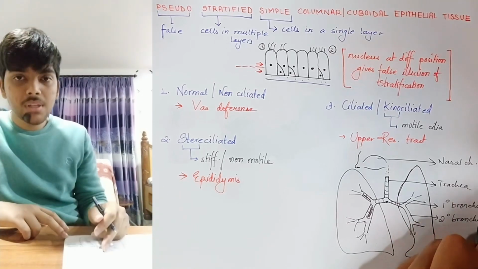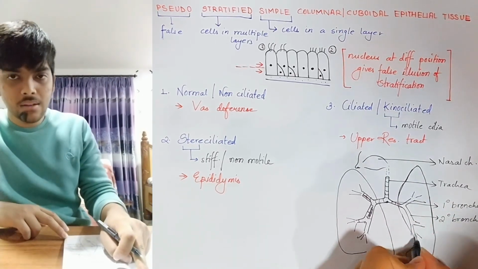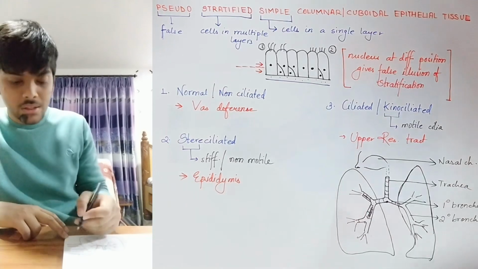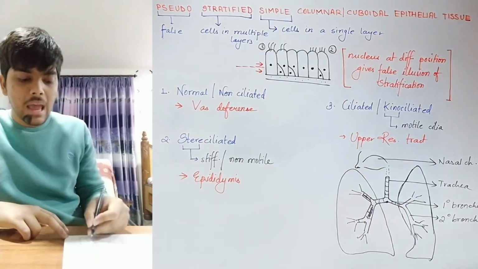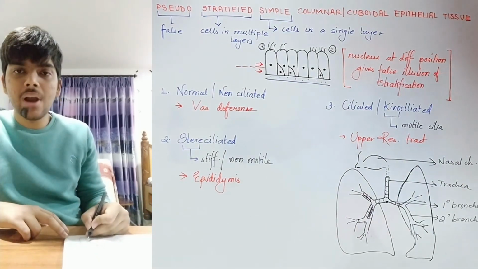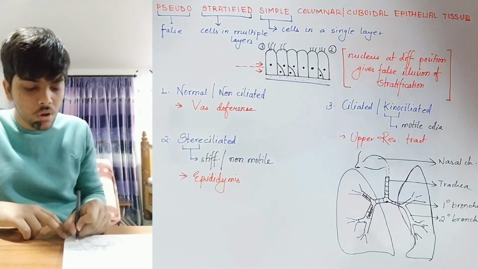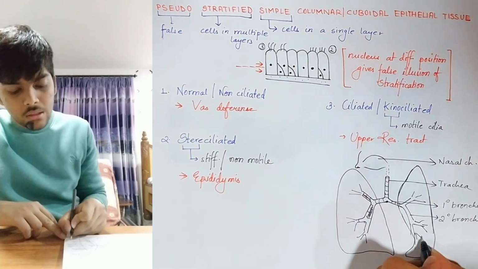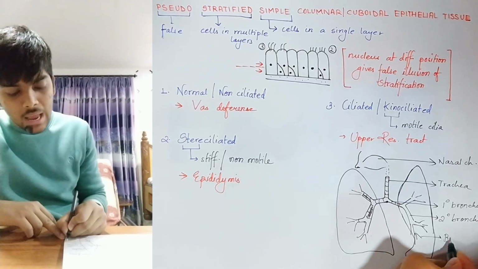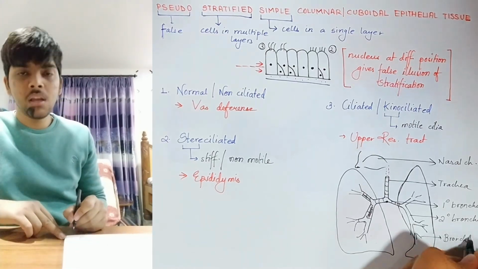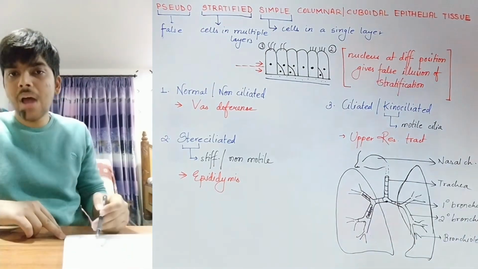But this epithelium is in the form of columnar cells, which are the tall cells. But as this respiratory tract divides further into bronchioles, the lumen gets smaller and there is no longer space enough for columnar cells to adjust.